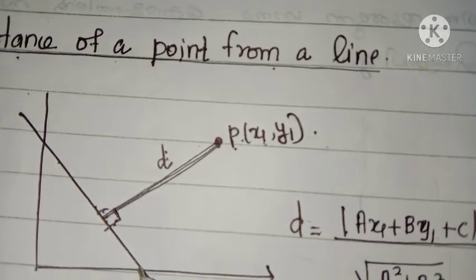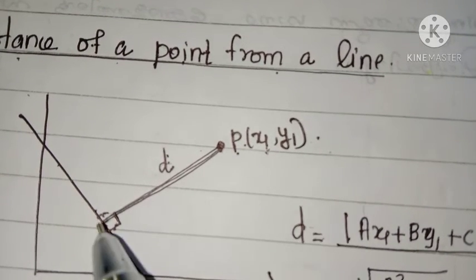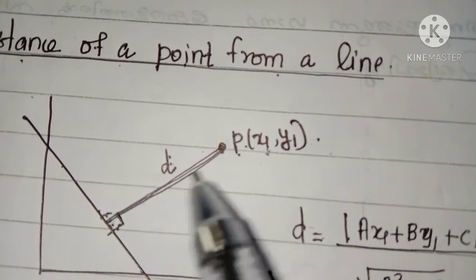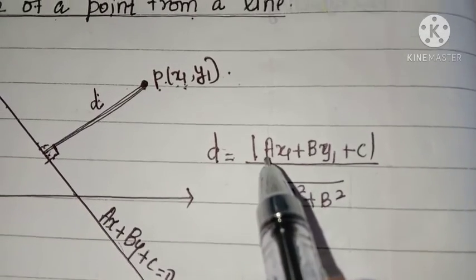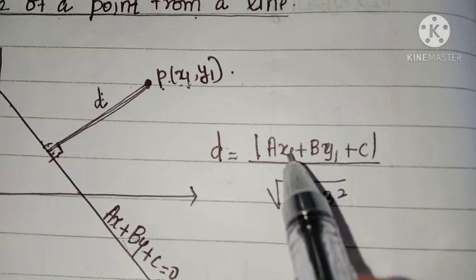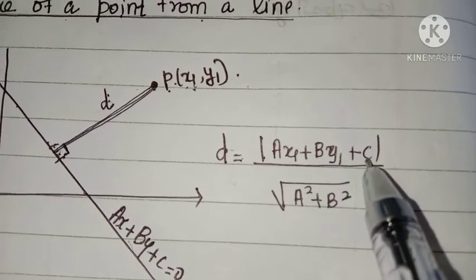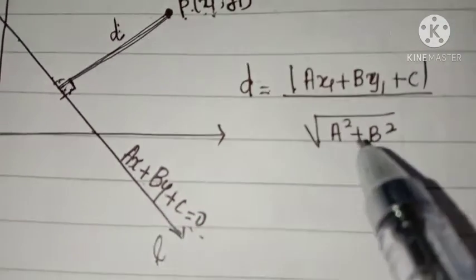When a straight line and a point are given, then the distance between the straight line and the point is obtained by d is equal to modulus of ax1 plus by1 plus c divided by root of a square plus b square.